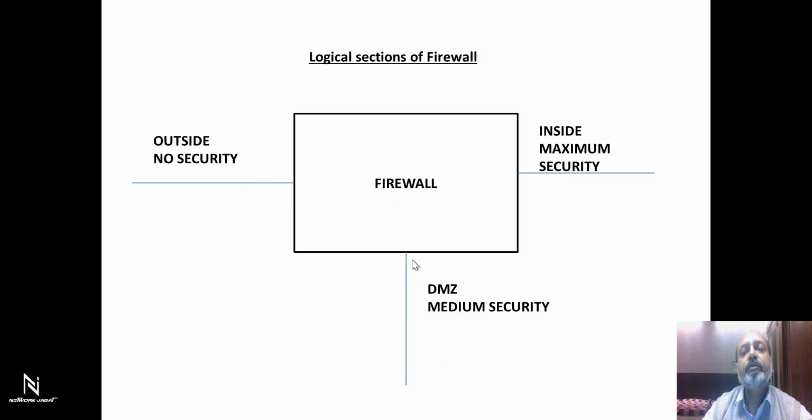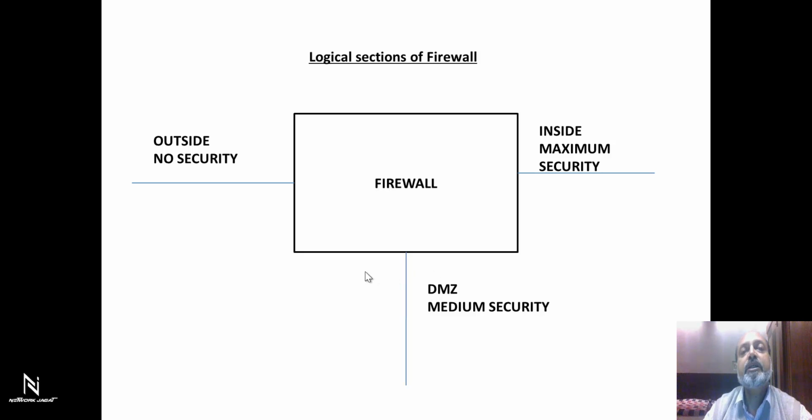But it can reach the DMZ. If traffic is coming from the DMZ, it can easily go to the outside, but it can never go to the inside. Whereas if traffic is coming from inside, it can go everywhere, to the outside and to the DMZ.